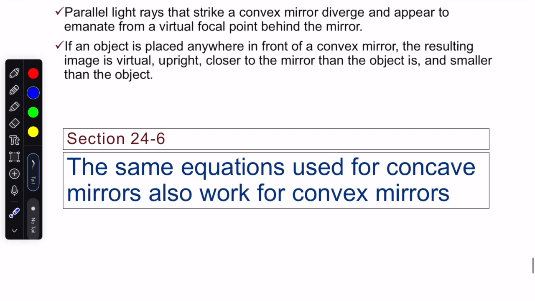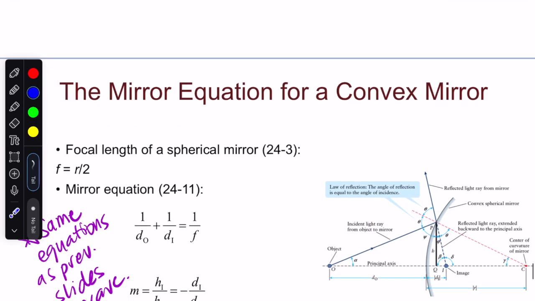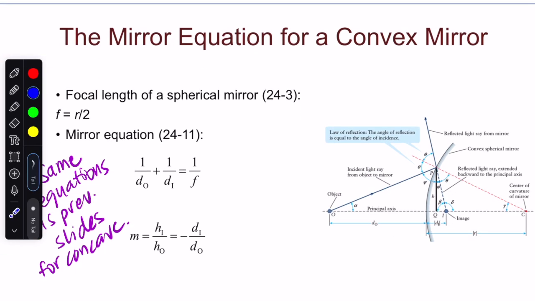The same equations that we use to quantitatively determine image position and image height, we're going to use the exact same equations, but we need to apply the new sign conventions applicable to convex mirrors. We're still going to use the mirror equation and the magnification equation.